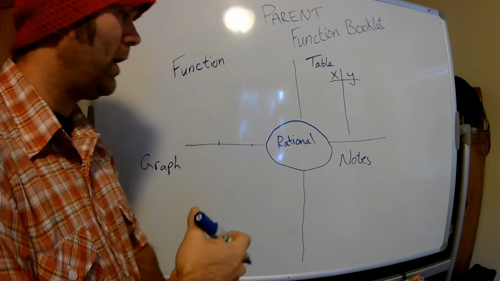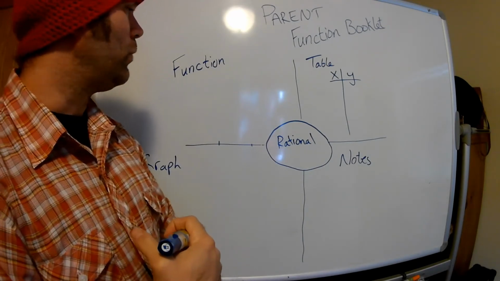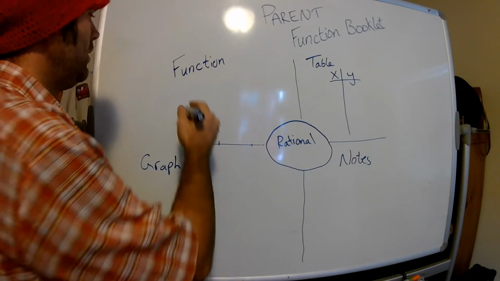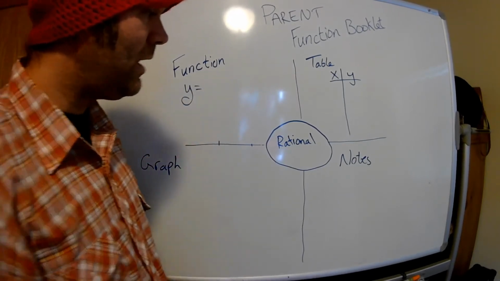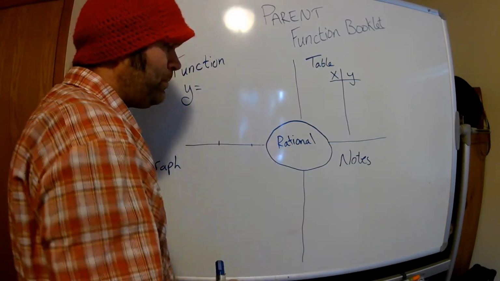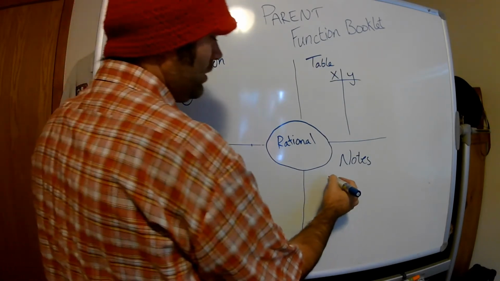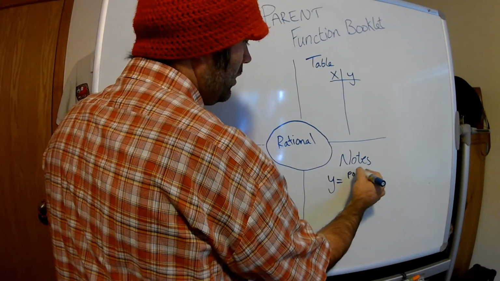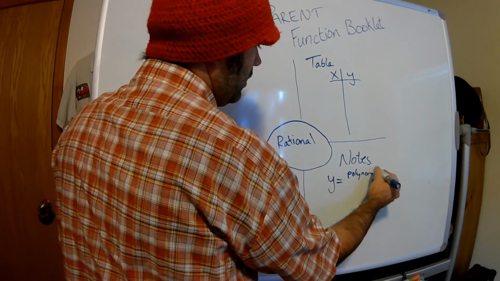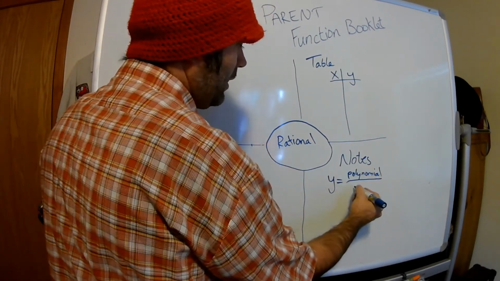So let's go ahead and look at a rational parent function. So that is y equals, and in the notes, a rational function is y equals a polynomial divided by a polynomial.